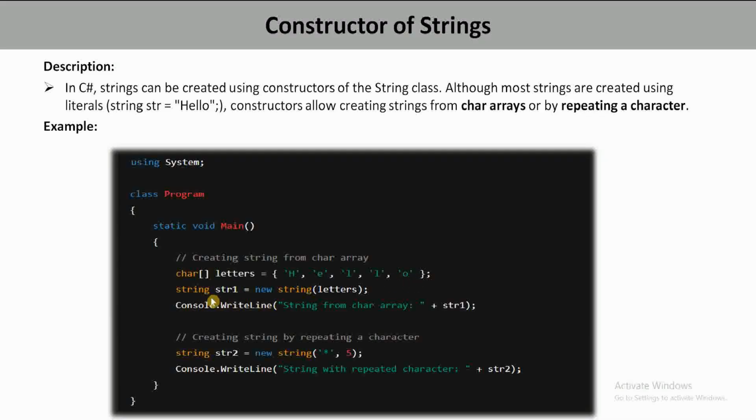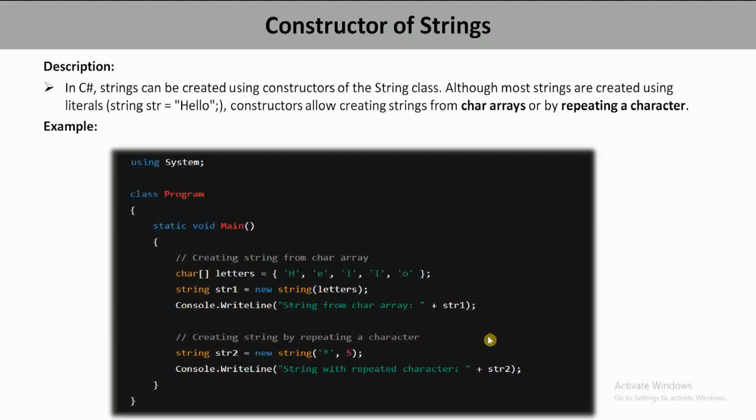Next we initialize a string with the new string constructor, where we put these letters into the constructor. It combines all these characters into a single value and displays the hello value. Next, if we want to repeat a character, suppose we want to print the star 5 times, we have to put the length, where we set the size of the asterisk sign. It will print the asterisk sign 5 times while we are using the new string constructor.